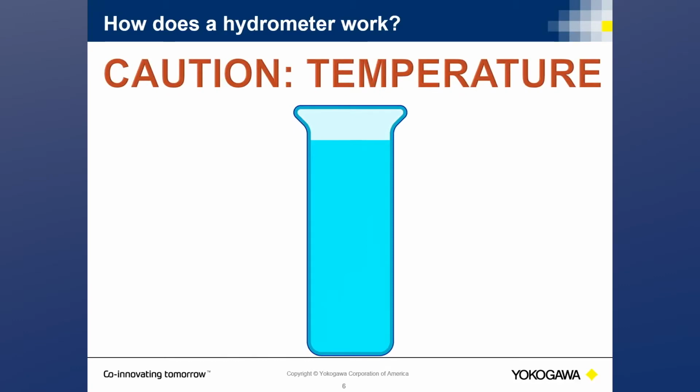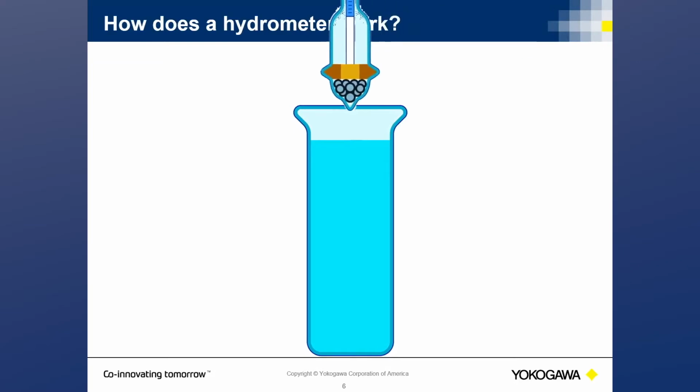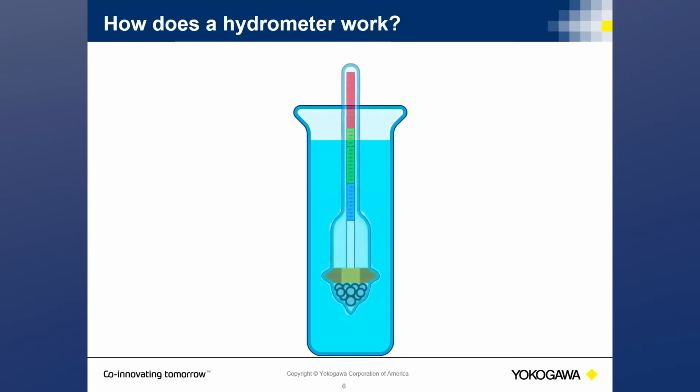The most critical thing to look at is temperature, which must be the same temperature that the hydrometer is calibrated to. Otherwise, the readings will be off. You're going to slowly lower the hydrometer into the measuring vessel to where the theoretical reading will be. Before you release it, you're going to twist it slowly so it spins. This ensures that no air bubbles cling to the hydrometer, which would cause it to float higher than it normally would.